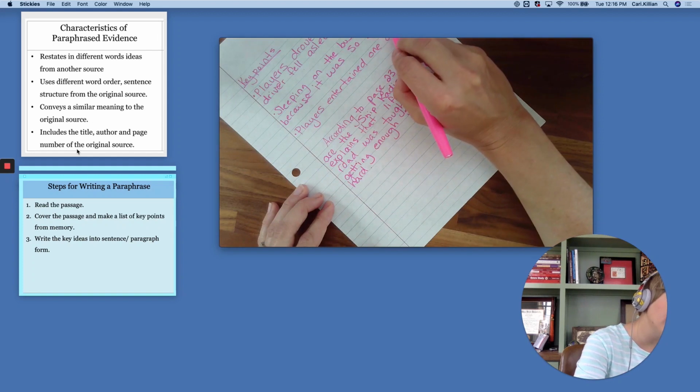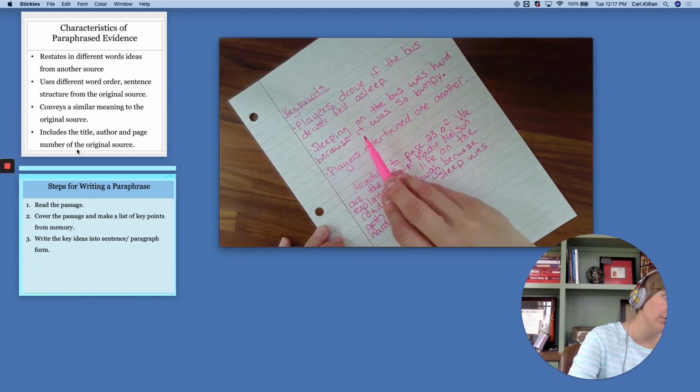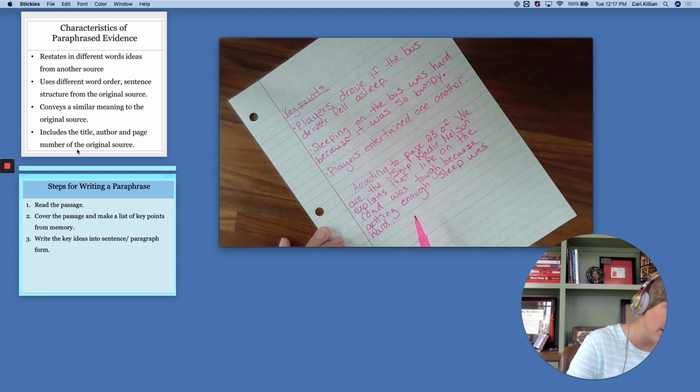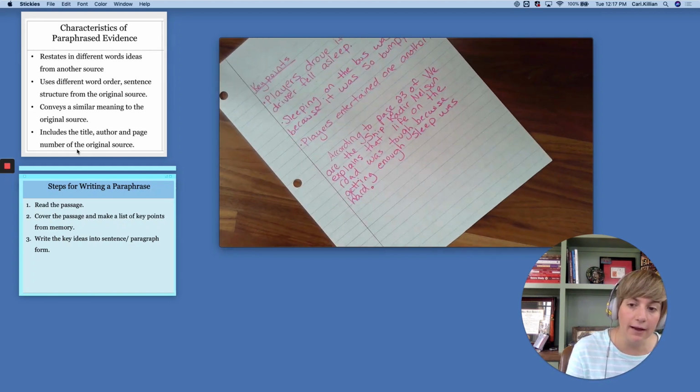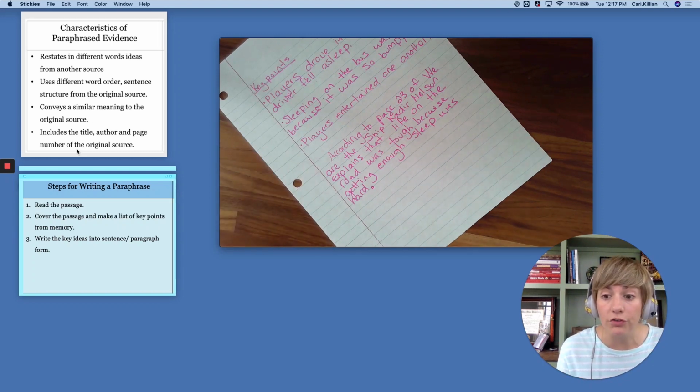Sleeping on the bus was hard. So you can see where I'm using my key points to help me write my paraphrase. Here I'm stating the key ideas in my own words, while conveying a similar idea to the original source.